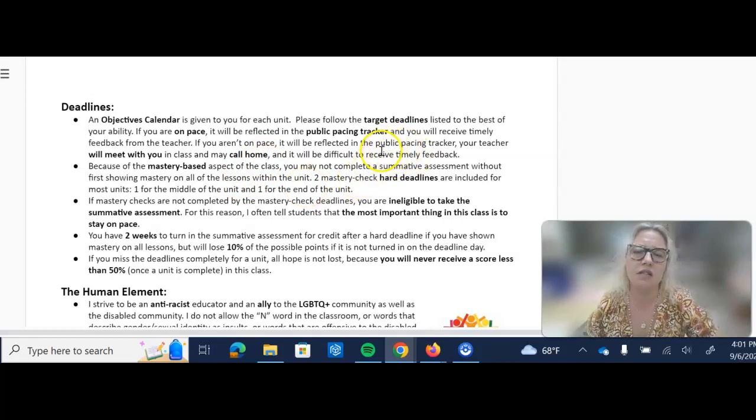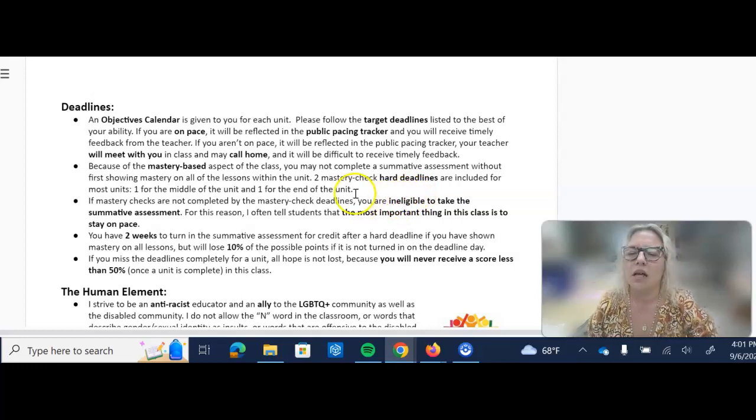If you're consistently catching up, then I will meet with you in class. I might call home. I might not be able to get you good feedback on your mastery checks before your summative assessment. So that's a warning sign if you're catching up, and I take that very seriously, and I will follow up with you on that because you really want to try to be on pace at all times in this class.